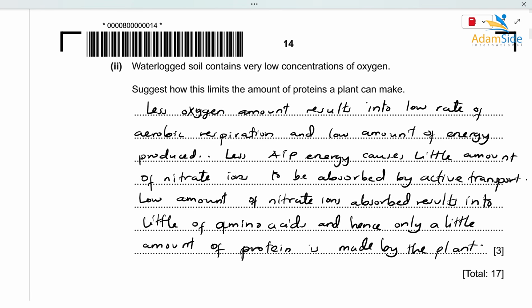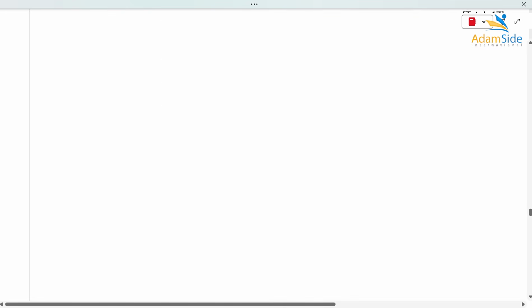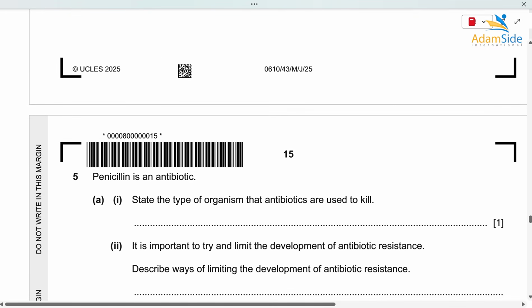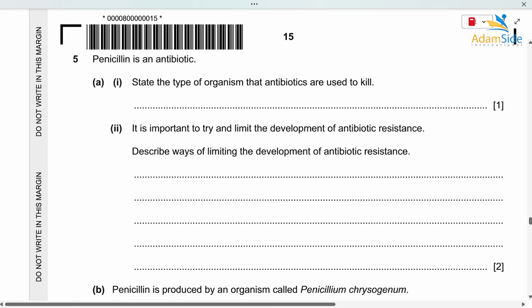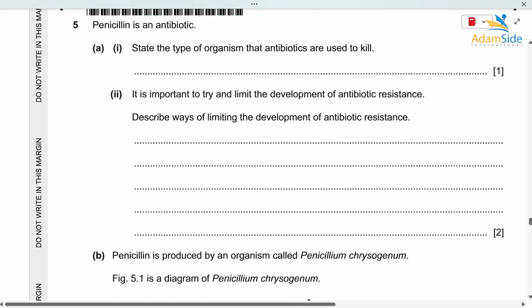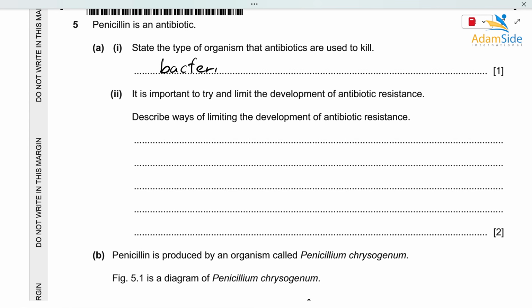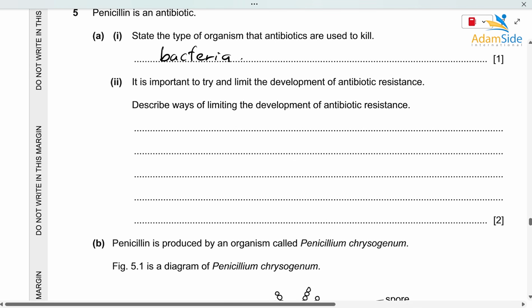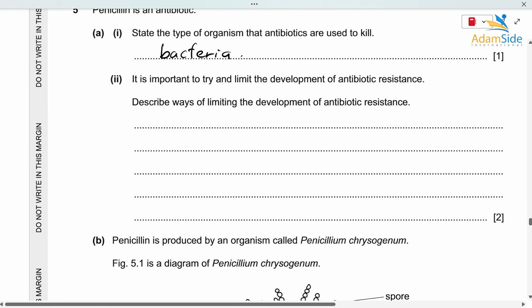Okay, we move to the next question. Question number 5, which says penicillin is an antibiotic. State the type of organisms that antibiotics are used to kill. So antibiotics kill bacteria. Okay, it is important to try and limit the development of antibiotic resistance. Describe ways of limiting development of antibiotic resistance.